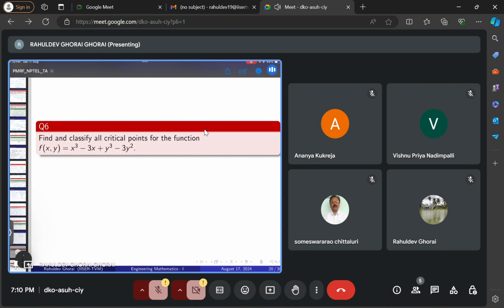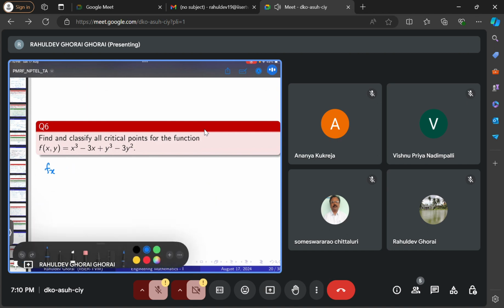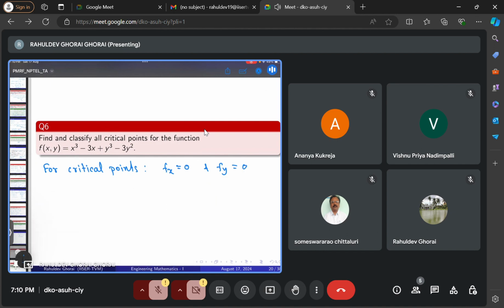So first of all, find out the critical points. Let's start it properly. For critical points, fx will be 0 and fy has to be 0, and then you have to solve that.